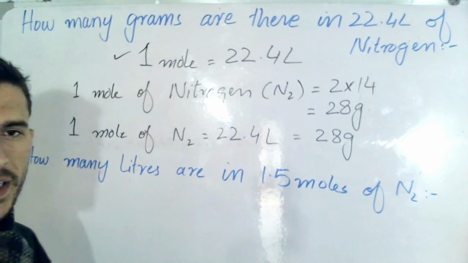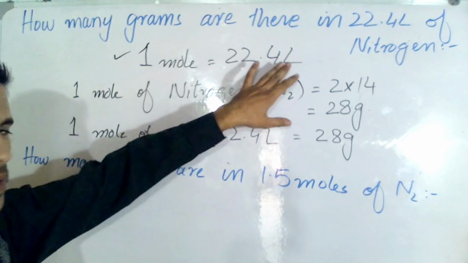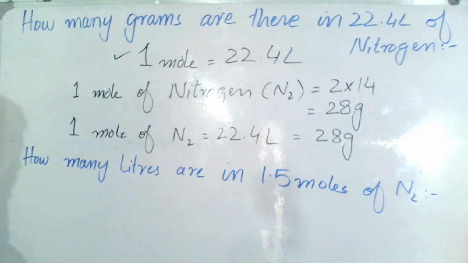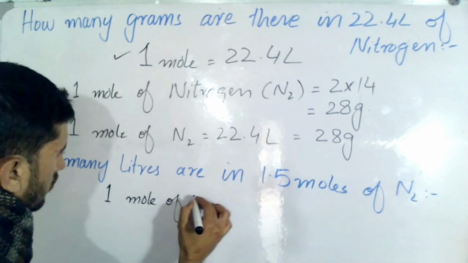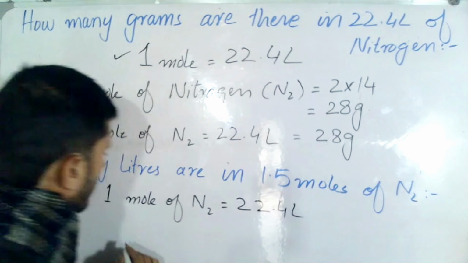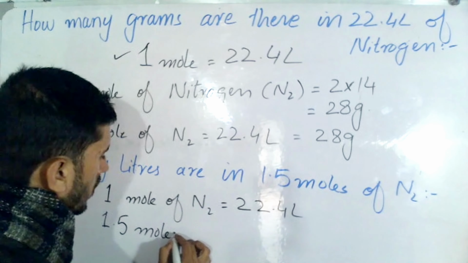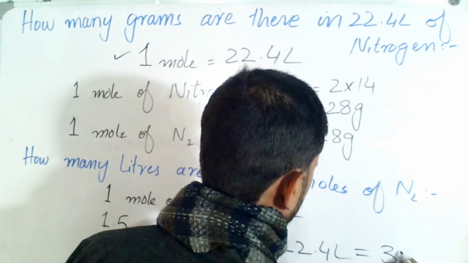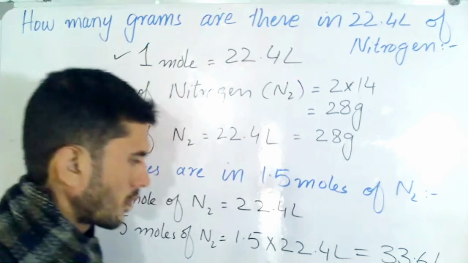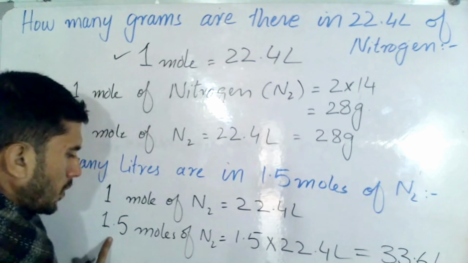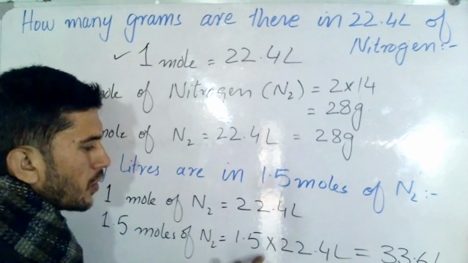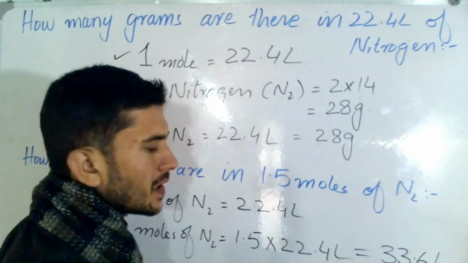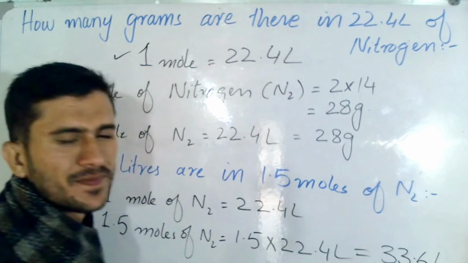So we will multiply 22.4 liters with 1.5 moles of nitrogen. 1.5 moles of nitrogen, 1.5 times 22.4 liters, that becomes 33.6 liters.